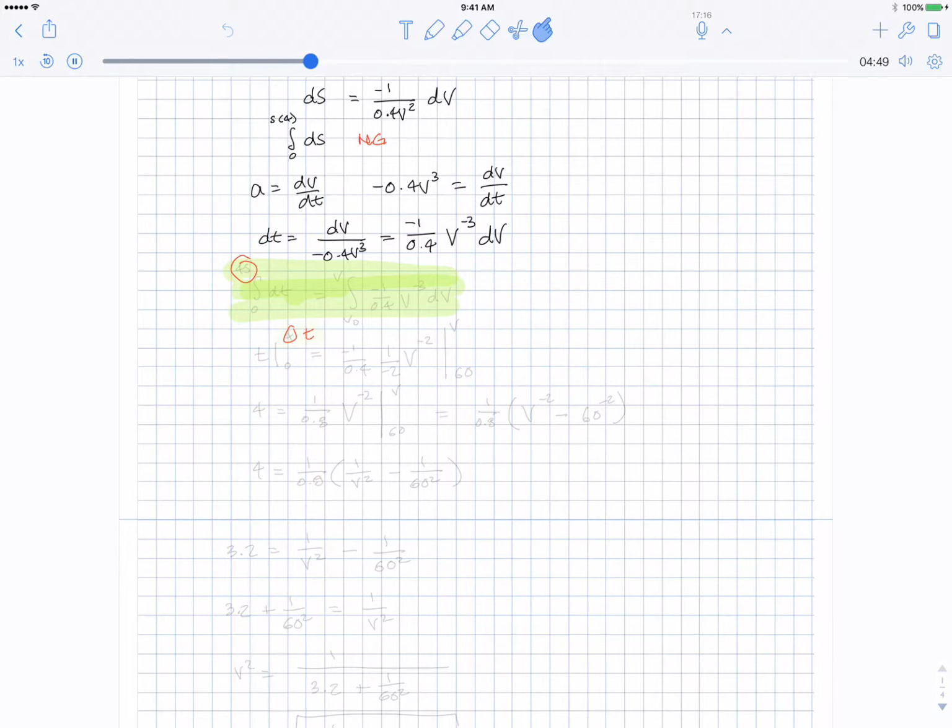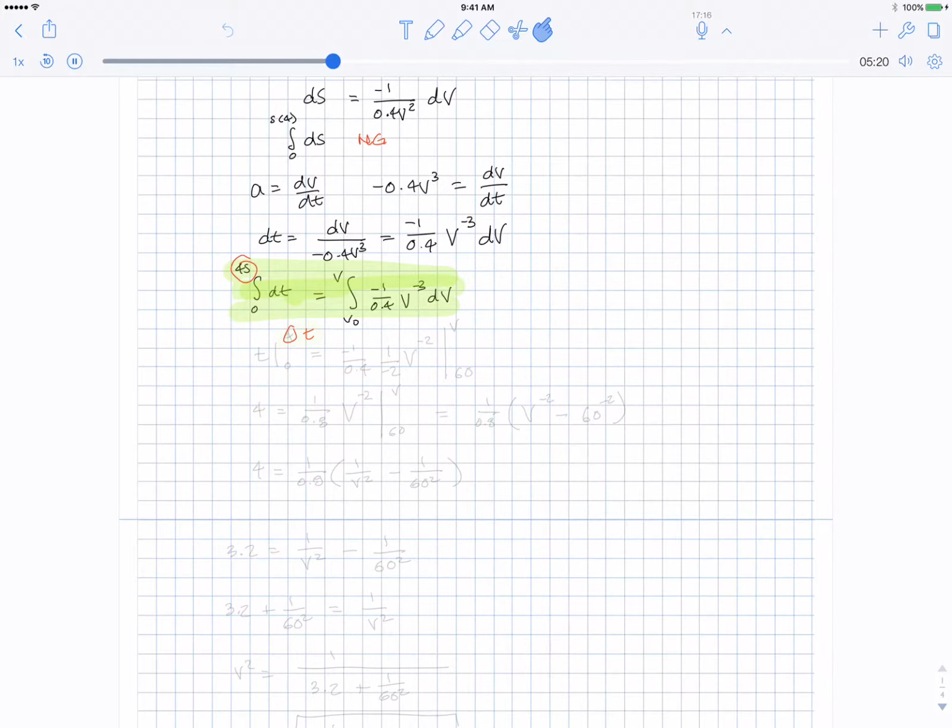So we just integrate both sides. Now this time we know we're integrating from 0 to 4 seconds, dt will equal the integral from v0 to v, and I hope we were given v0. There it is. V0 is 60 meters per second, and we're taking down as positive. Okay. And then it's minus 1 over 0.4 v to the minus 3 dv.